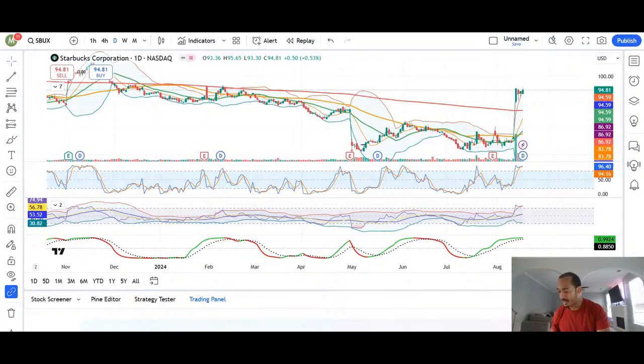I gave y'all my best case scenario on a swing trade. I'm gonna give y'all one more, which was Starbucks, and I'll give y'all one more for put options for next week. So put options is betting on the stock to go down.